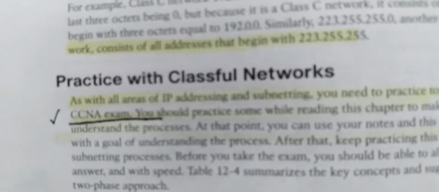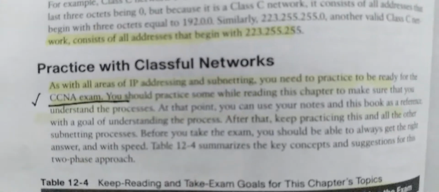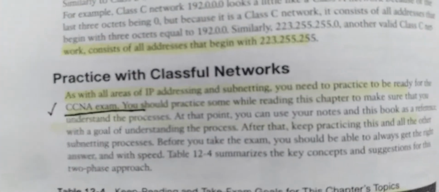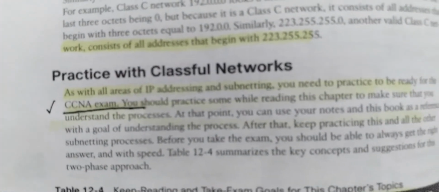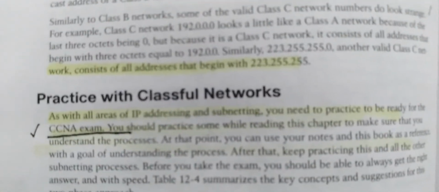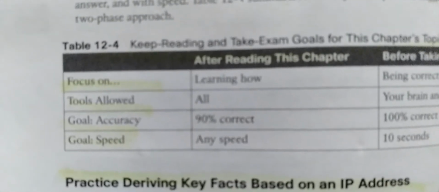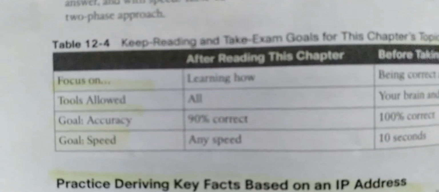It states here, as with all areas of IP addressing and subnetting, you need to practice to be ready for the CCNA exam, and we should practice some while reading this chapter to make sure that we understand the procedures. With the CCNA, they'll rate us on speed.